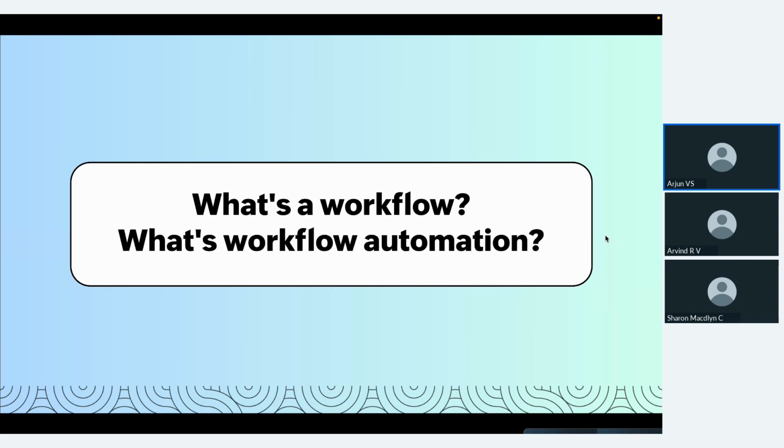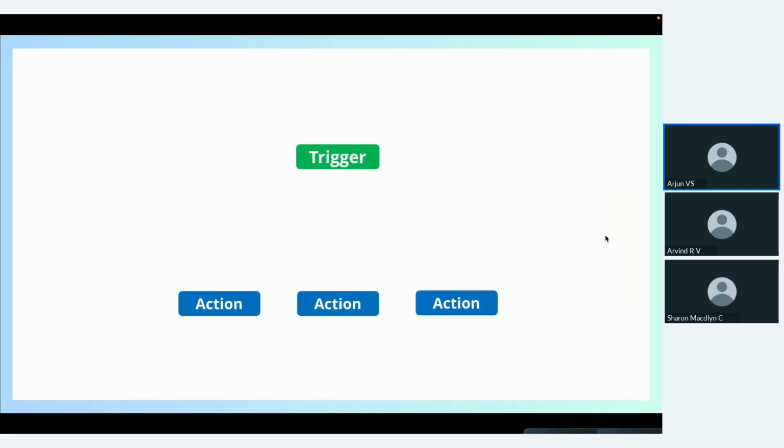So any workflow will have a few components that we need to understand before we can try to automate them. So any workflow will start with a trigger. In the example I just mentioned, the trigger was the new employee being added to the organization. That could be in Zoho People, right?